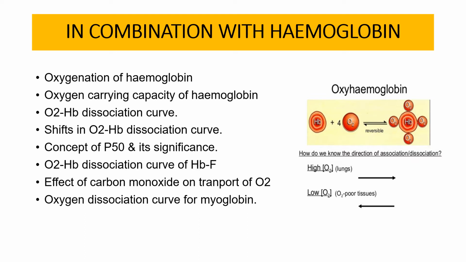Before studying this portion, in this category we will be learning about oxygenation of hemoglobin, oxygen carrying capacity of hemoglobin, oxygen hemoglobin dissociation curve, shift of oxygen hemoglobin dissociation curve, concept of P50 and its significance, oxygen hemoglobin dissociation curve of fetal hemoglobin, effect of carbon monoxide on transport of oxygen, and oxygen dissociation curve for myoglobin. These are all the points we are going to learn now. Okay.